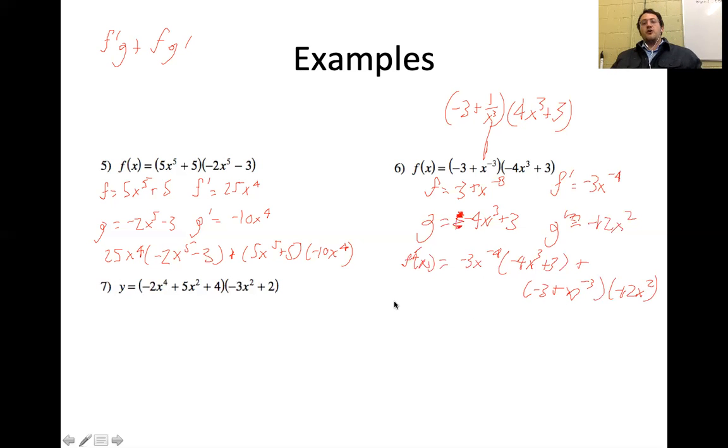If it asks for no negative exponents, you could just rewrite it as negative 3 over x to the fourth times negative 4x cubed plus 3. And then I do negative 3 plus 1 over x to the third, and you can imagine a 1 as that coefficient, times negative 12x squared.